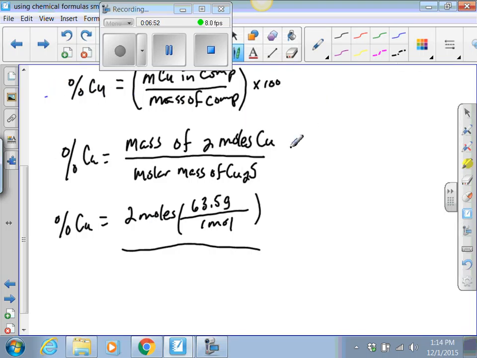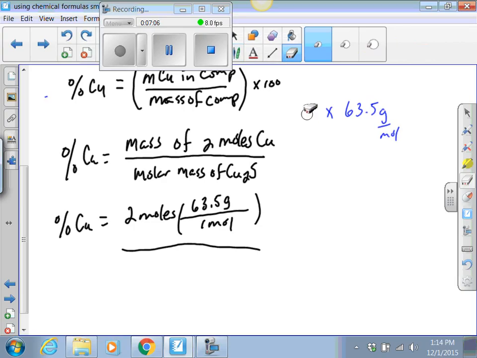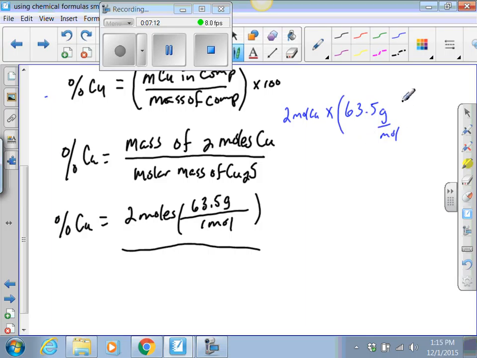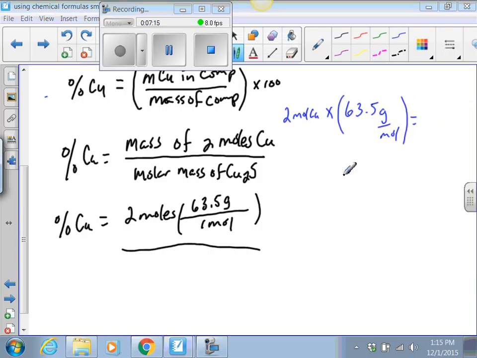Okay, so we've got 2 coppers. So that's going to be 2 times, this gives us a little more room, 2 moles copper times 63.5 grams of copper.